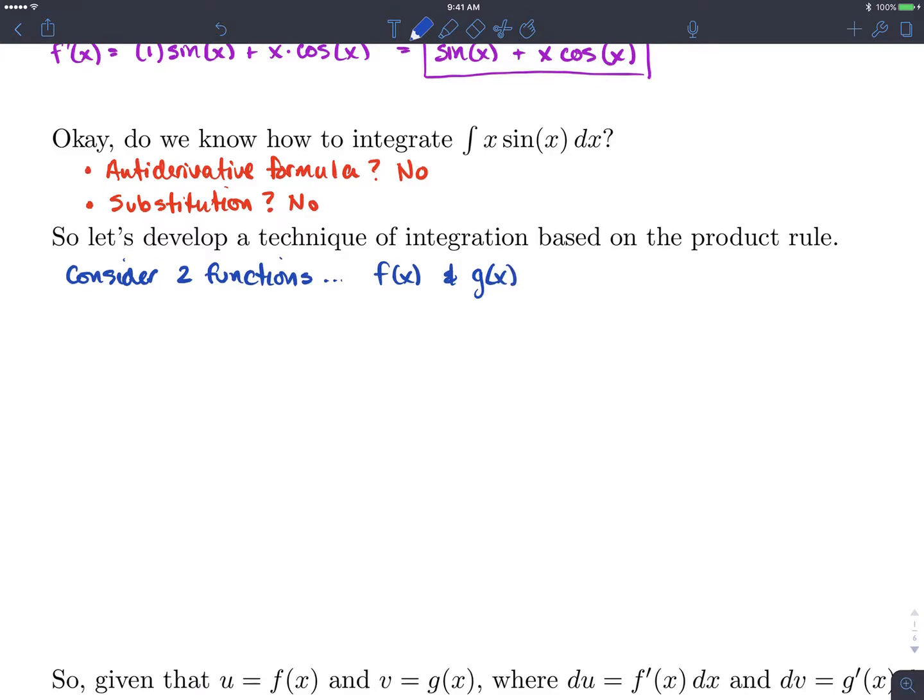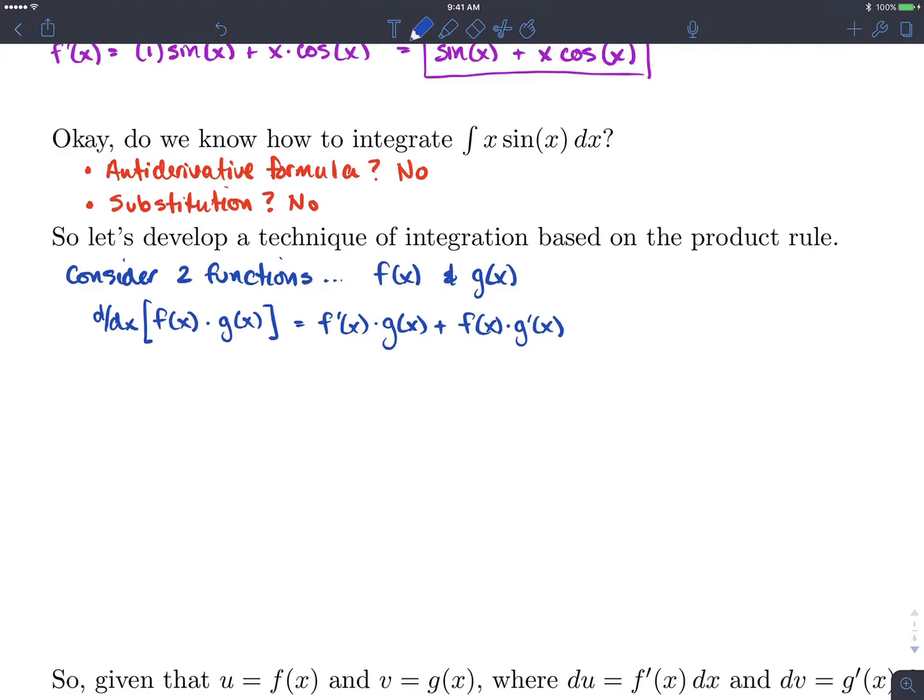We know from the product rule that if we were to take the derivative with respect to x of f of x times g of x, this would give us f prime of x times g of x plus f of x times g prime of x. So this is just a statement of the product rule right here.